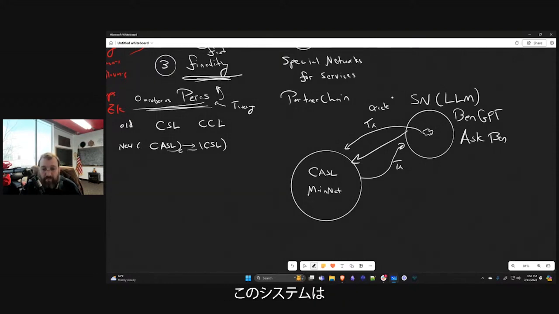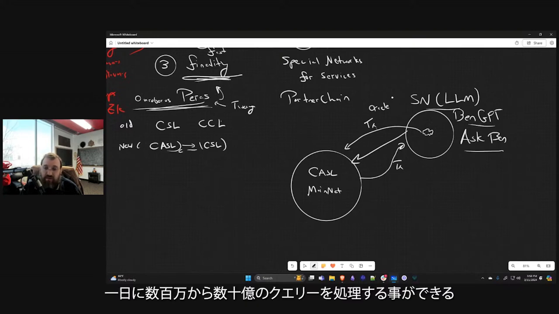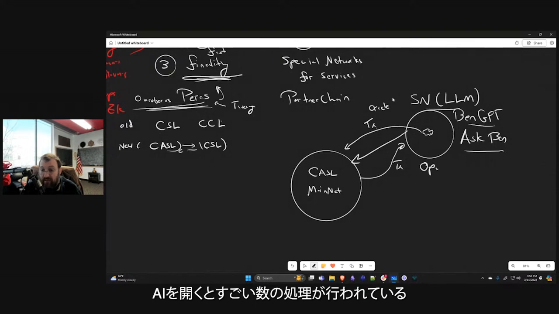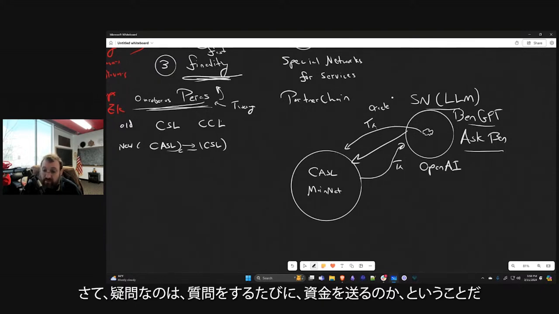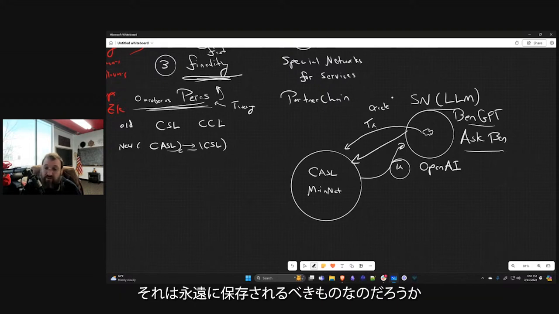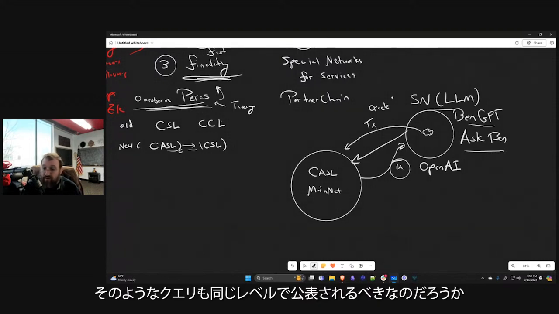Okay, well, these systems could process potentially millions to billions of queries per day. If you look at OpenAI, you have a ton of stuff going on. Now, the question is every single time you ask a question and send some funding to answer that question, should that be preserved forever? Should those queries also have the same level of publicity?